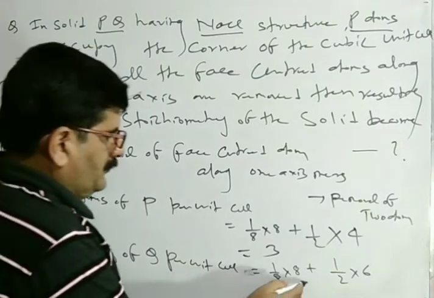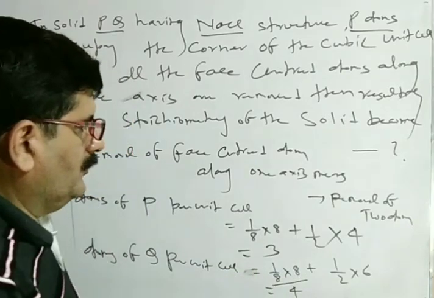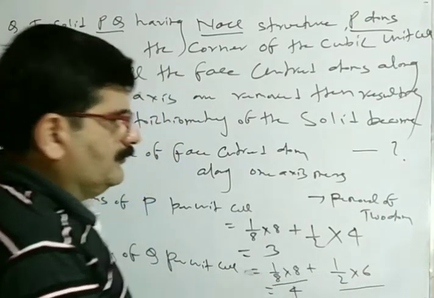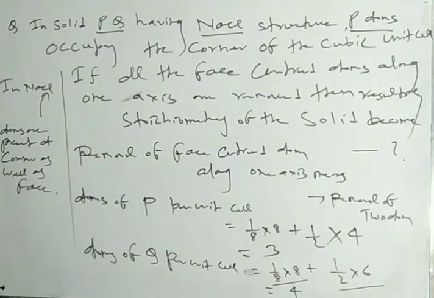So this is contribution through corner, this is contribution through what? Face. B, that is Q become unchangeable. So our formula become what?